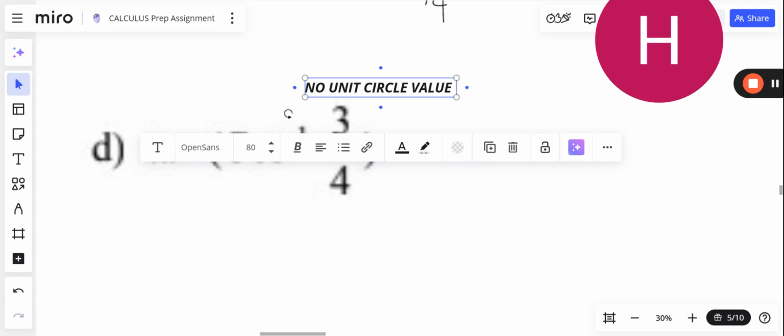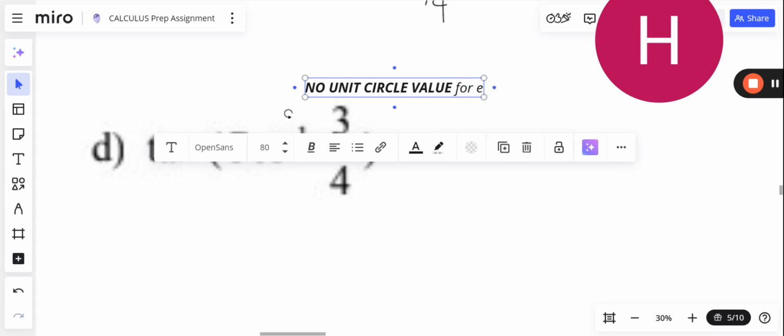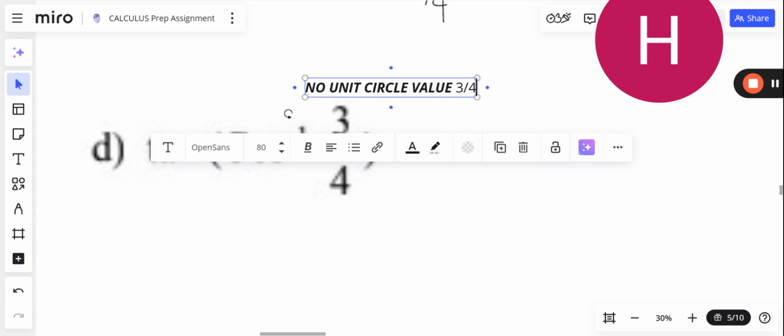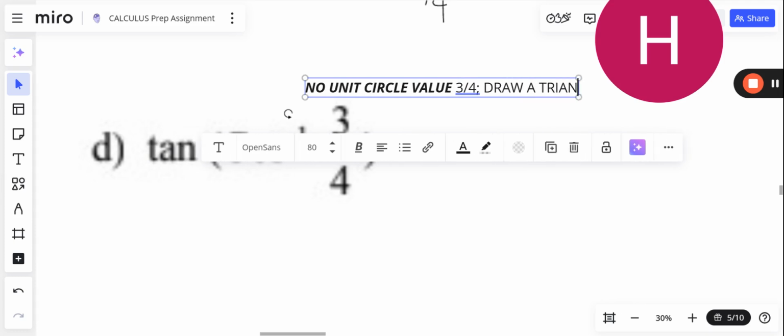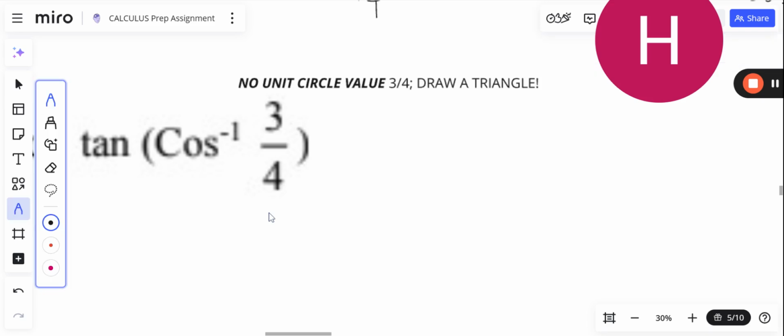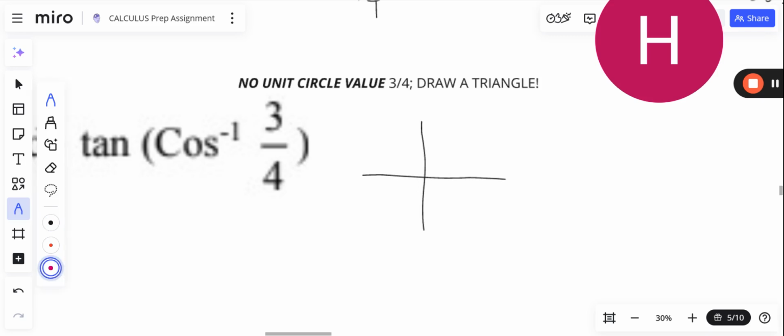There we go, 3 over 4. So we have to draw a triangle. And we're going to draw the triangle in the quadrants according to the range of the cosine inverse. Right? So we're going to draw this triangle in the first quadrant.